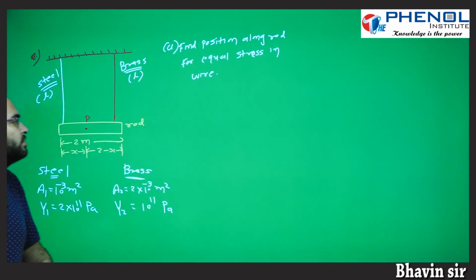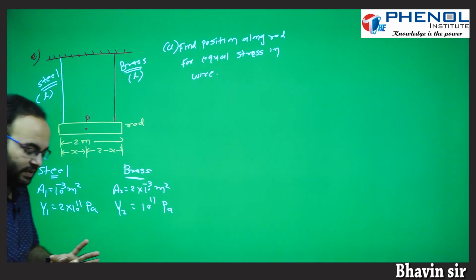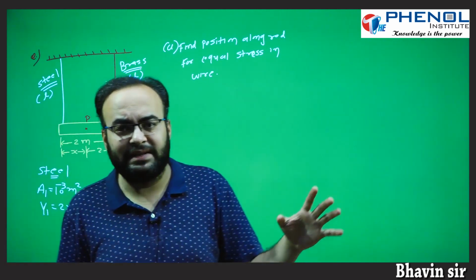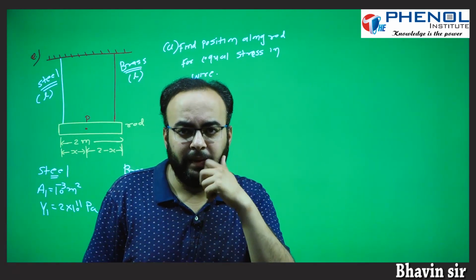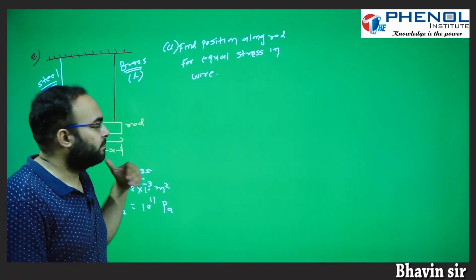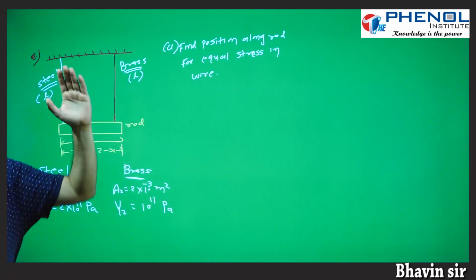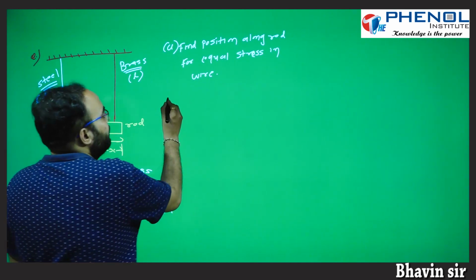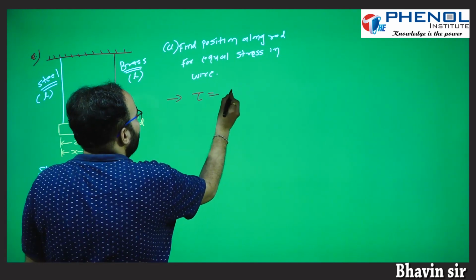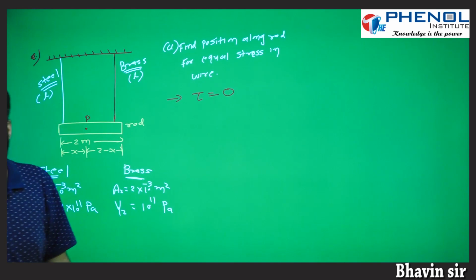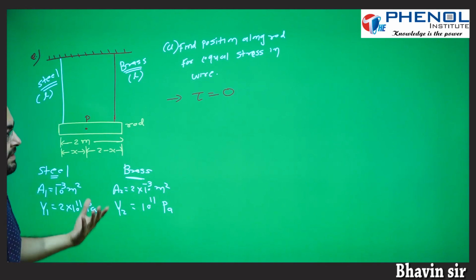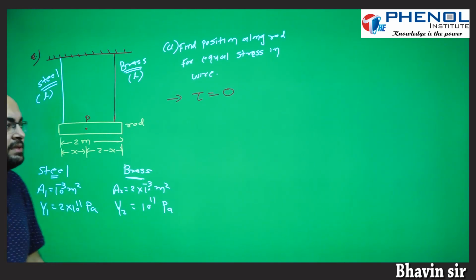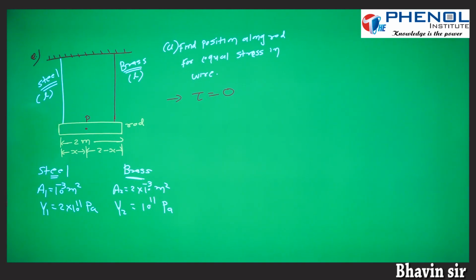First of all, students, see that the rod remains stationary. The rod does not perform any type of rotational motion, so it means torque is 0. Due to torque it performs rotational motion.